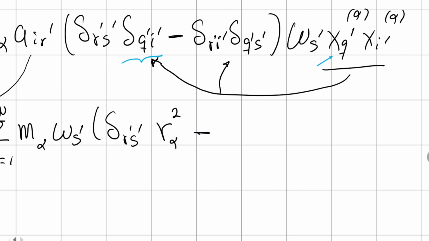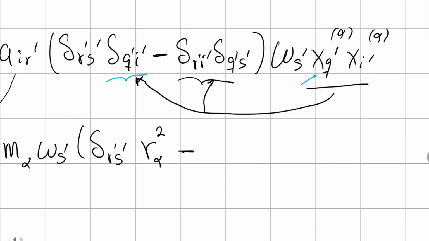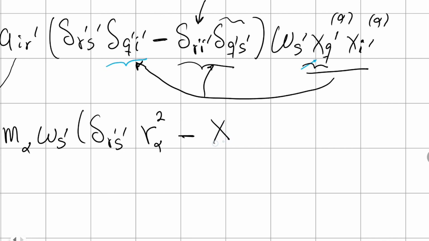Of course, this is R alpha, and then minus, and let's see what happens with this other product of Kronecker deltas. When we multiply this x_q times this Kronecker delta, it is going to change this q to an s, and when we multiply this x_i with this Kronecker delta, it will change this I to an R. So we get x_R' alpha x_S' alpha, like this.